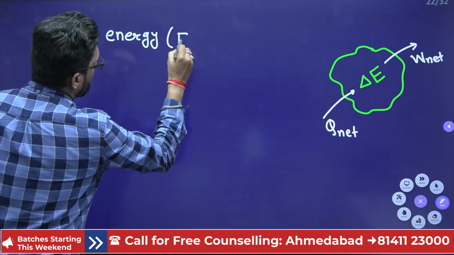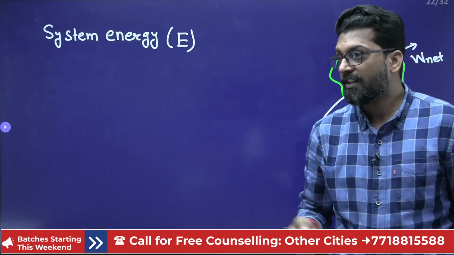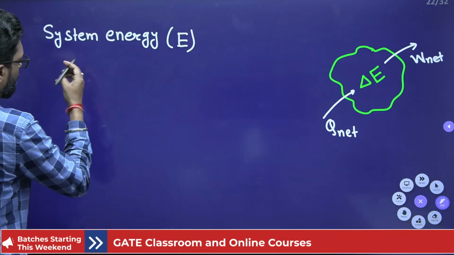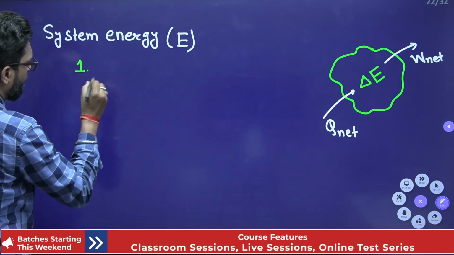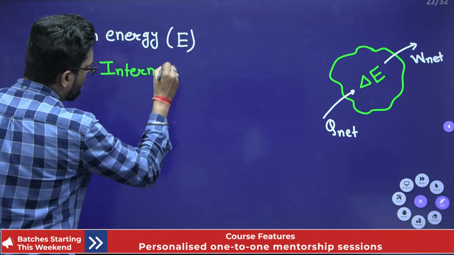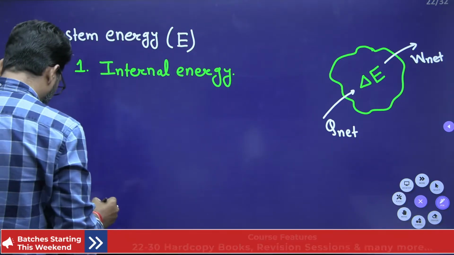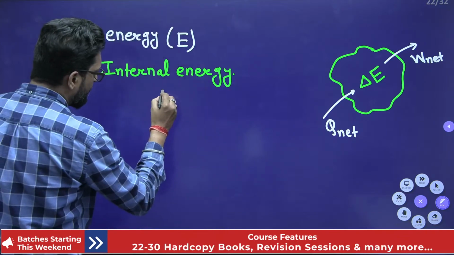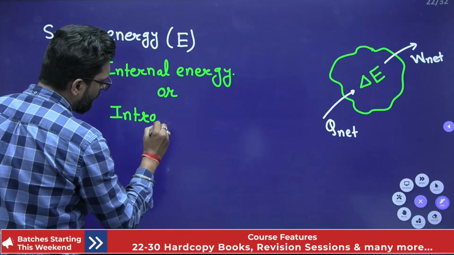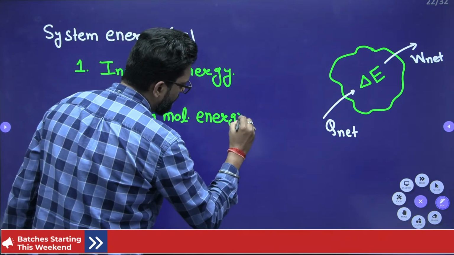So this energy E, the system energy which is stored in the system, has different forms. This energy E has different forms, very important. What is that? The first form is internal energy, or you may say intramolecular energy.